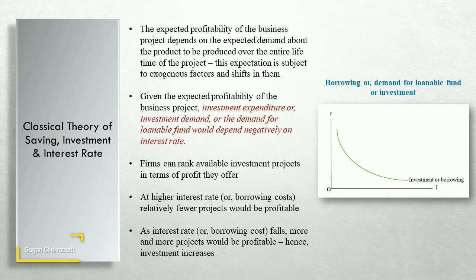As the interest rate falls, the borrowing cost will also fall, so more and more projects would be profitable. Hence, the firm will be accepting more and more investment projects so that the investment increases. So that makes investment or borrowing or the demand for loanable fund a negative function of the interest rate. This is shown in the diagram. As the rate of interest falls, investment or borrowing by the firms will be rising.